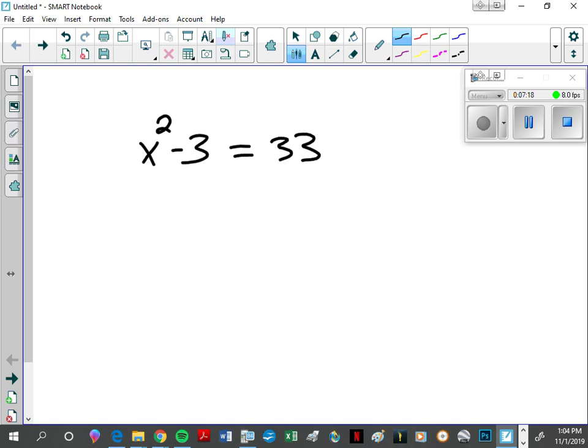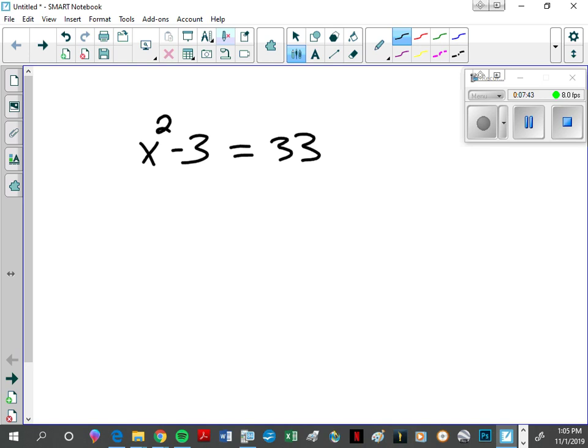Now I have to do two things. I need to get rid of the minus 3, and I need to get rid of the squared. Does it matter which one I get rid of first? Yes. So which one is the furthest away from x? The 3. So I need to move the 3 first, and then I'll remove the squared.